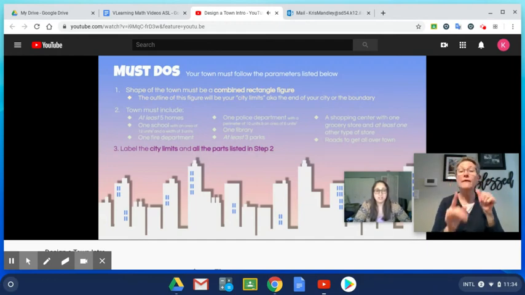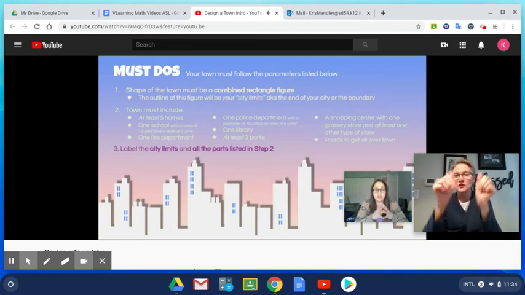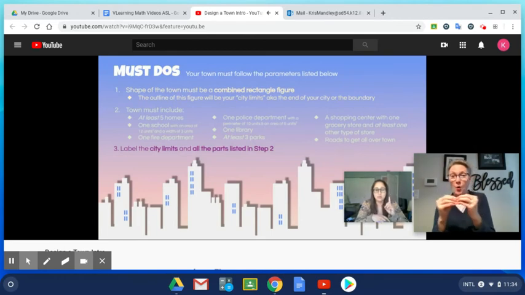The first thing you must do is your town must be in the shape of a combined rectangle figure. If you're not sure what that is, go back to lesson 3 and watch that video again, right? But it's anytime you have 2 rectangles that are put together to form one shape. This outline of your figure will be your city limits, or the end of your city, the boundary, right?